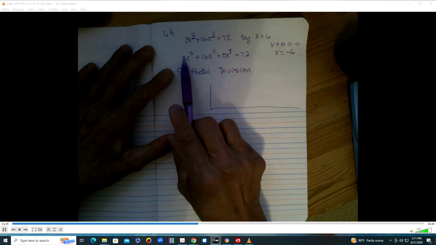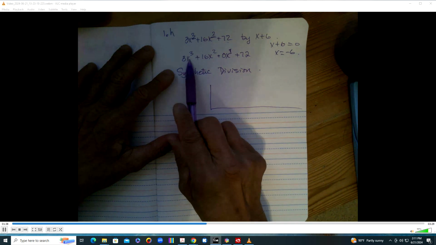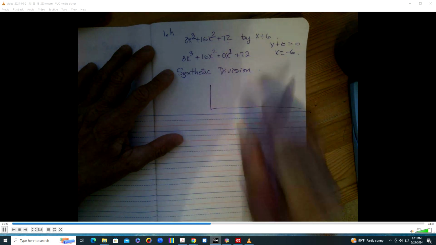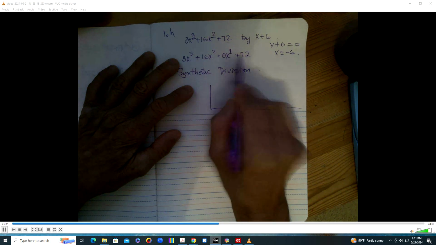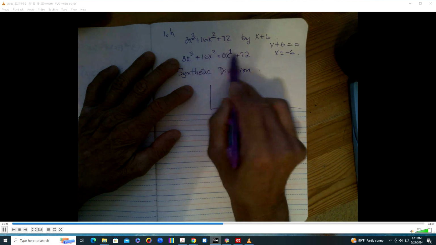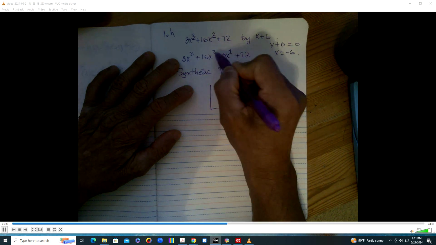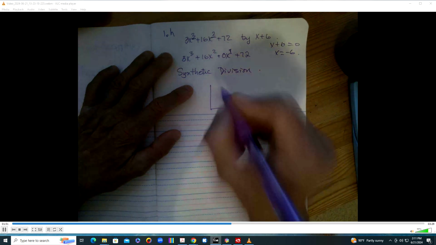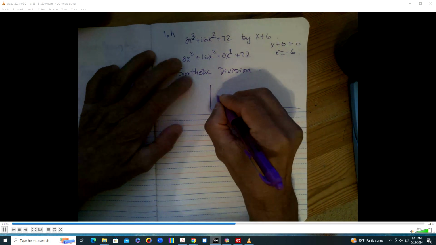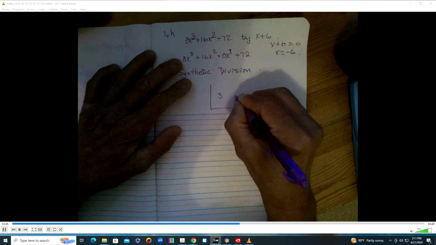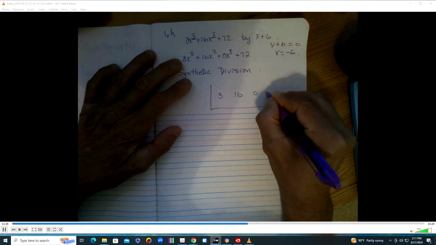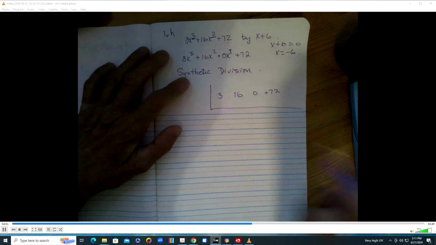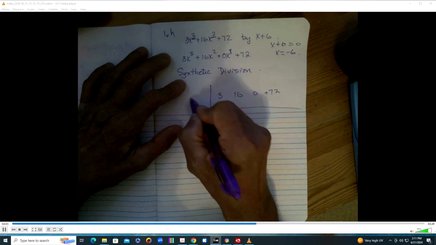Then we put the coefficients, which means the number in front of the variable x, into this box. Make sure that we put them in order of exponent power, like 3, 2, 1, and 0. So the first ones are 3, 16, 0, plus 72. And then out here, we're going to put negative 6.